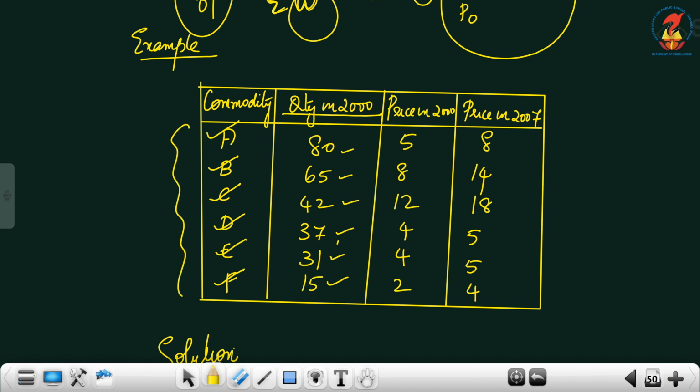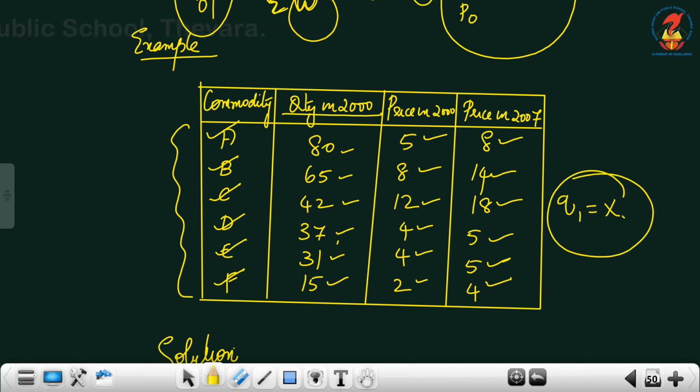You can assume any item here, but here the items are represented in the form of alphabets. Prices of the same year are 5, 8, 12, 4, 4 and 2, and prices in 2007 are 8, 14, 18, 5, 5 and 4. Here the current year quantity is missing, so it is not considered.